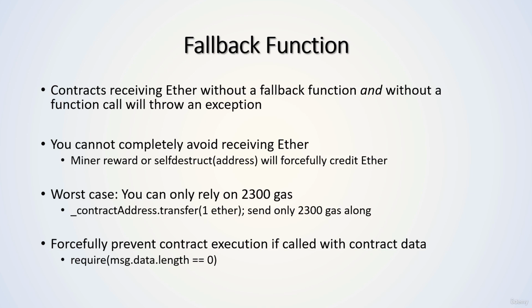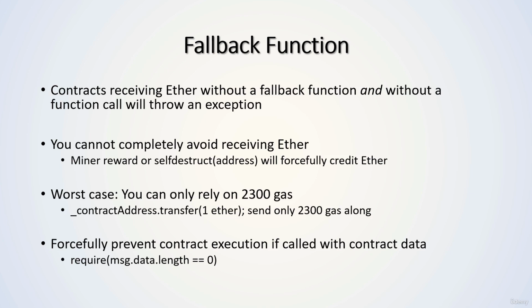Contracts receiving values without a fallback function and without a proper function call to a function that is payable will throw an exception. The thing is, you cannot completely avoid receiving Ether. There is a minor loophole, which we haven't talked about: selfdestruct.